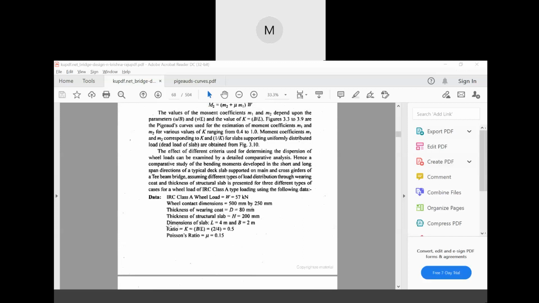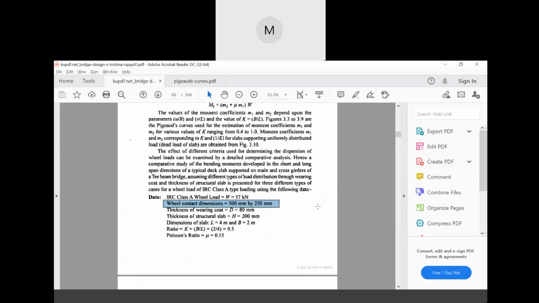Here, this wheel contact dimensions, this is given, 500 mm by 250 mm. This came from the very second class we discussed, the IRC class A loading vehicle. There, if you see the axle load, there was a table, ground contact area.